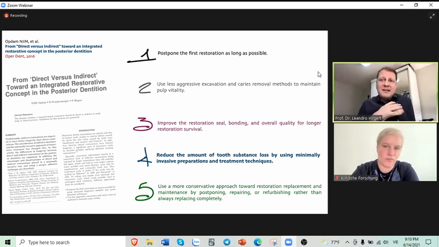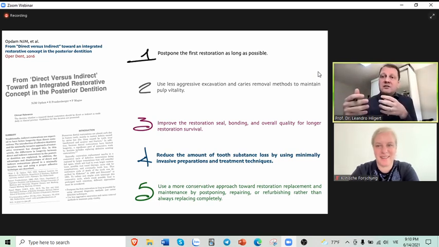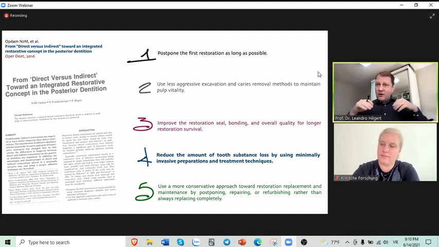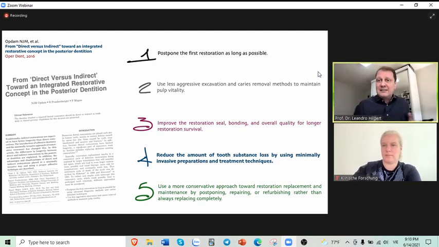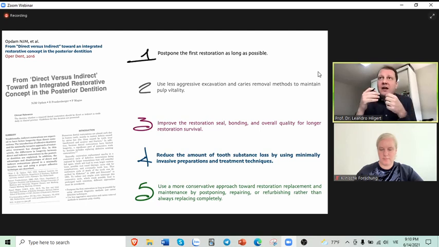We could speak here for hours and hours on the control of dental caries and control of non-caries lesions, on how to postpone the first restoration as long as possible. We could talk hours and hours on selective removal of caries tissue, which is a very nice way to remove what we need to place a restoration, but maintaining pulp vitality as a main objective.